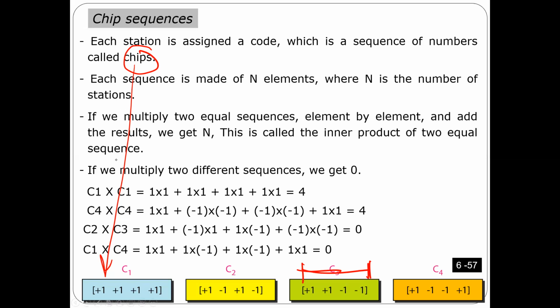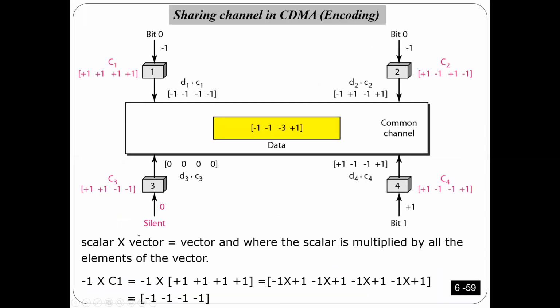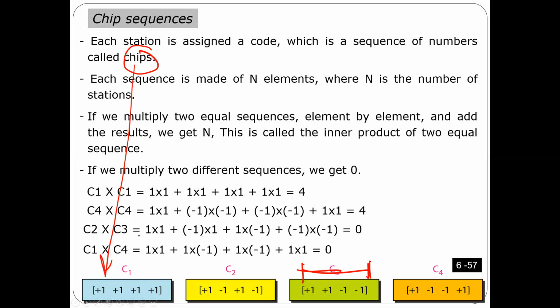Okay. So for example, first of all, how can you multiply a vector by a vector? This is what we call the inner product. I'm not sure if you are familiar with this term. Inner product means, for example, if I multiply this vector by this vector, C1 times C2, how can you do this multiplication? You multiply them using the inner product.